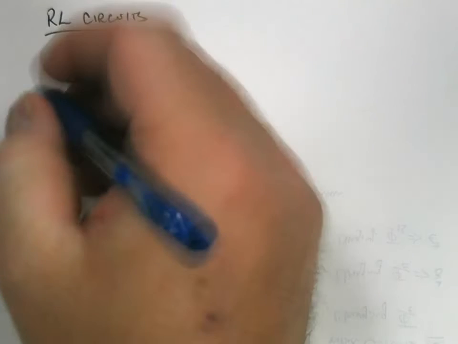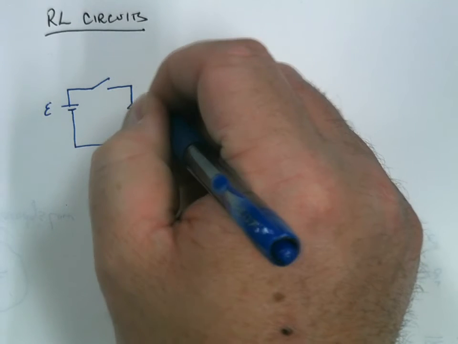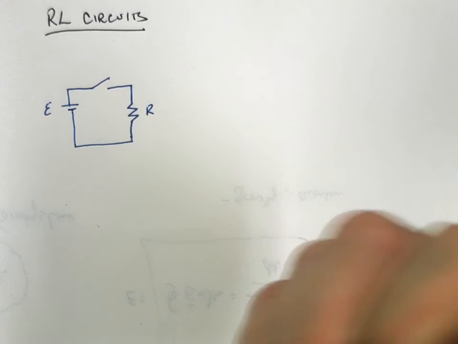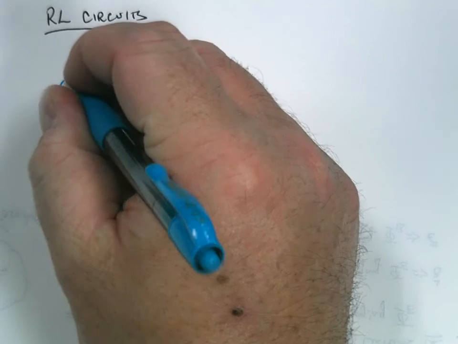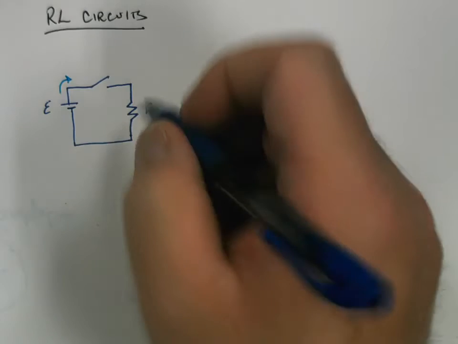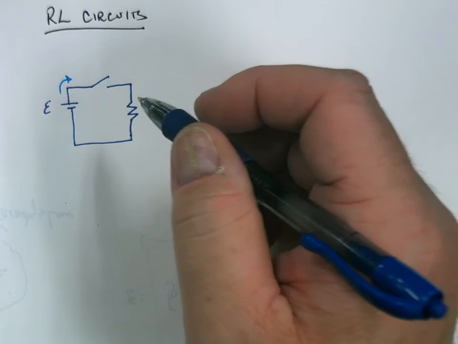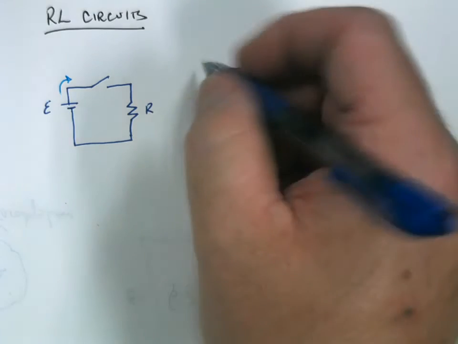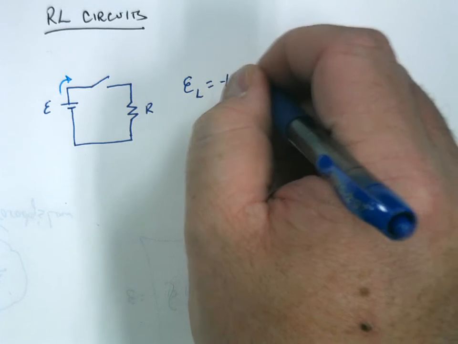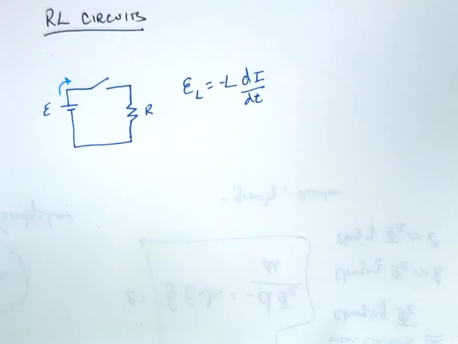Okay, here's our circuit. So we've got our EMF, and we have our resistor, and we have our current traveling around. And we know that the loop itself has this inductance to it, has a resistance to a change in the current given by this.